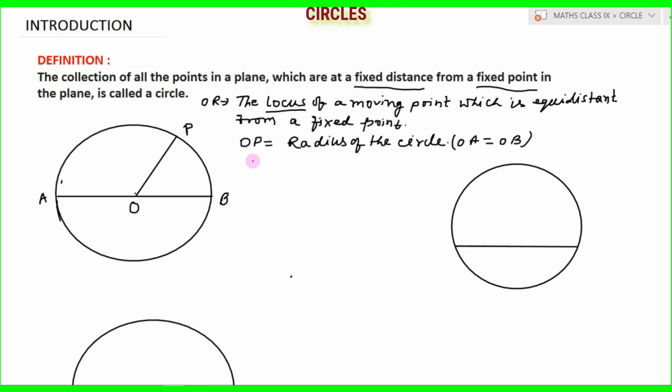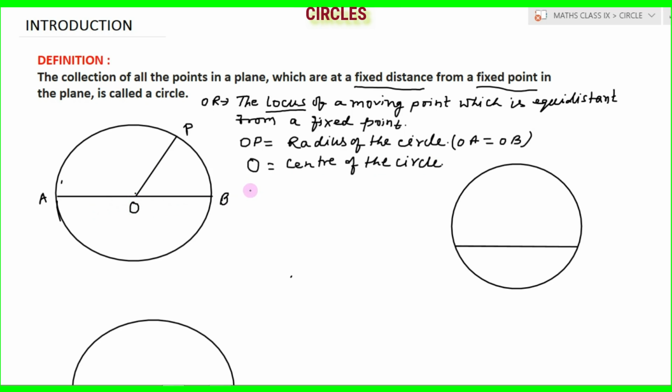The fixed point O is called the center of the circle. So O is the center, and OP, OB, OA are called the radius of the circle.